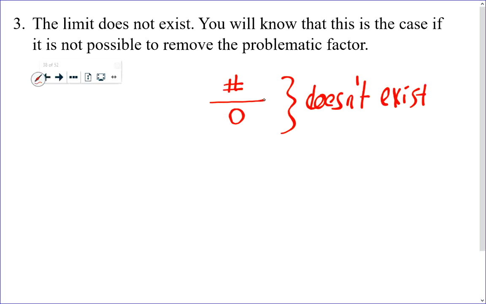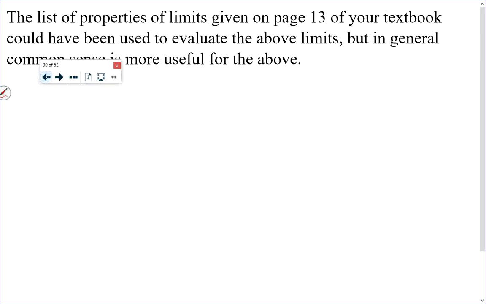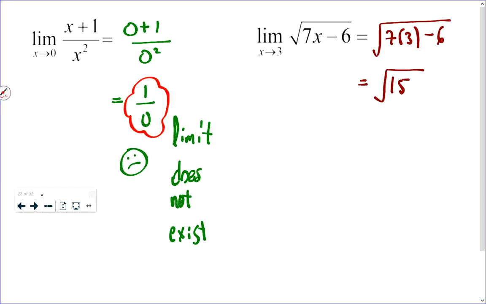A number that's not 0 over 0 is telling you it definitely does not. And that's why I asked you to remember the case right here where we had 1 divided by 0 and we said the limit did not exist.